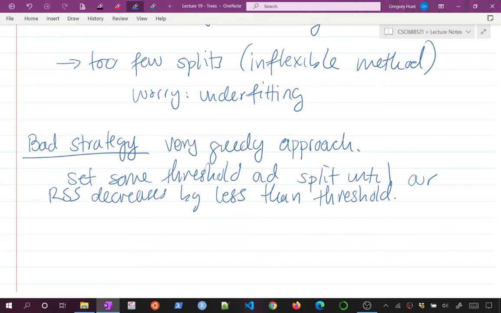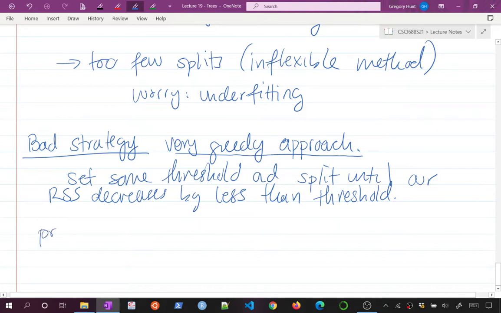It's not worth making a split if it's only going to decrease my RSS a little bit. So maybe I should only make splits if they're going to decrease my RSS a lot. So this is a very greedy approach where I just keep going until I hit some hard threshold, then I'm done. Now it's easy.